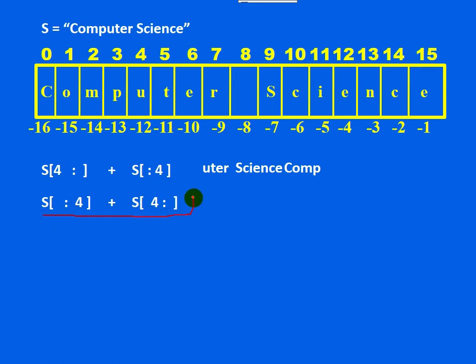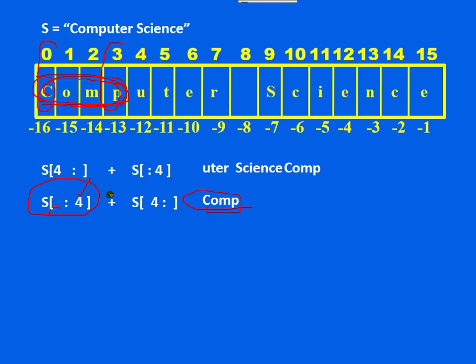Now what about the output of this one? It's an interesting statement. It's a rule, please make a note of this one. The first index is missing, so index 0 to index 4 minus 1, 3. So you get this substring as the answer. Let me write it here.